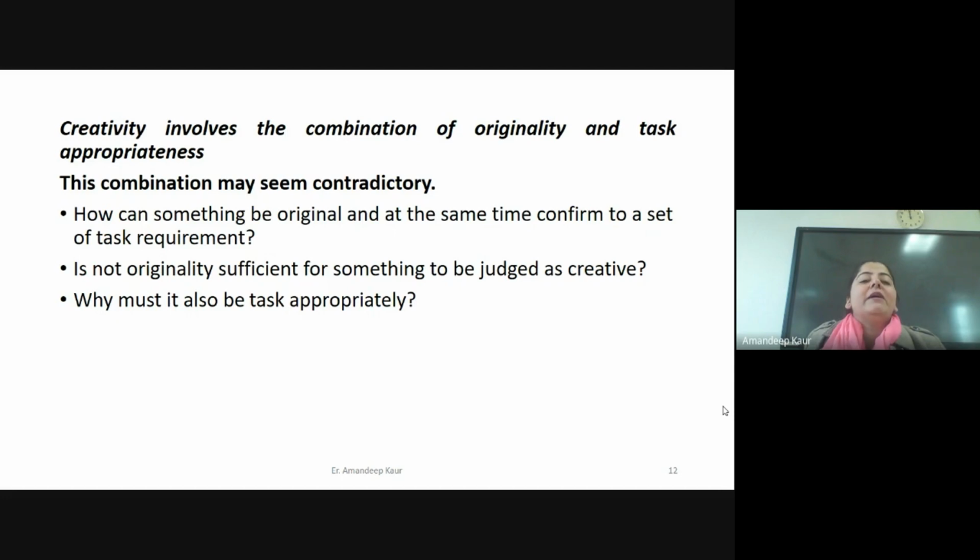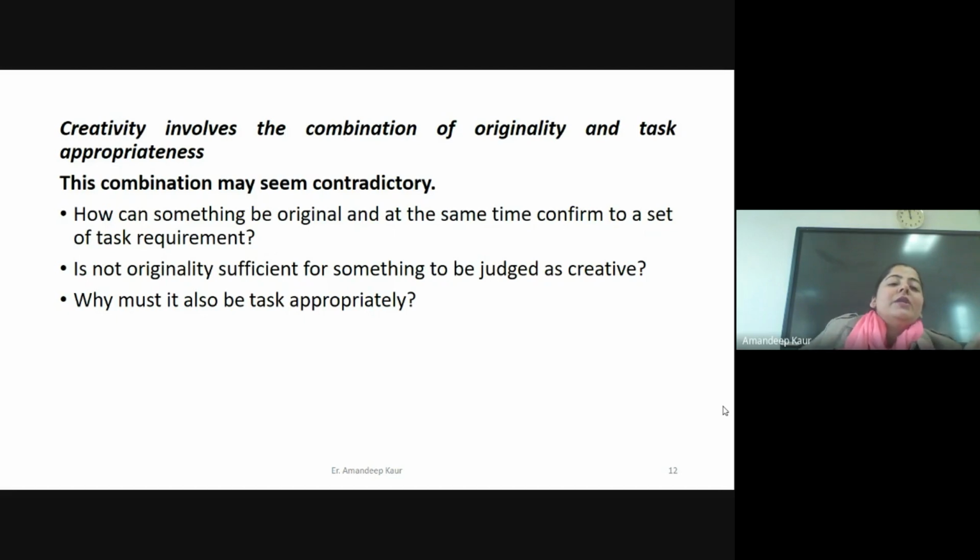So for example, if I'm synthesizing a material as a chemical engineer, I need to focus that this particular material, later on when it is used in different applications, will not harm the environment. So I'm not restricting myself only to synthesis of the material, but while synthesizing, I need to consider the environmental impact after use of this particular material. So accordingly, we need to design that kind of material.